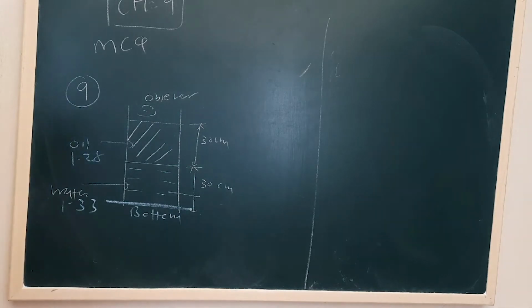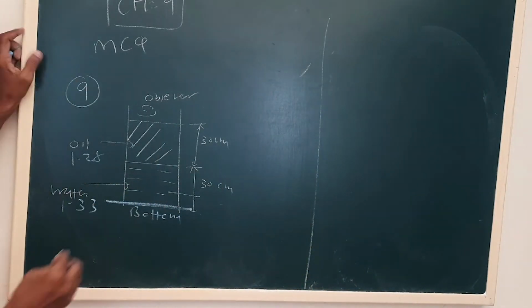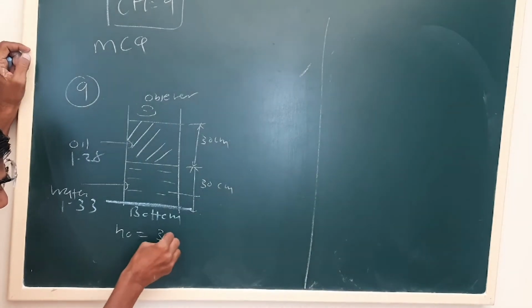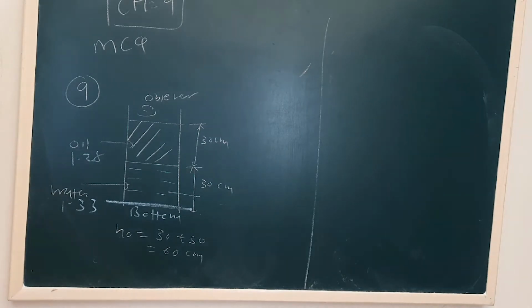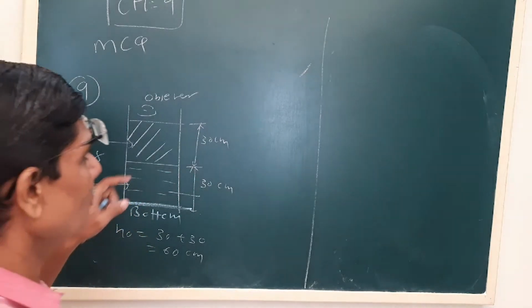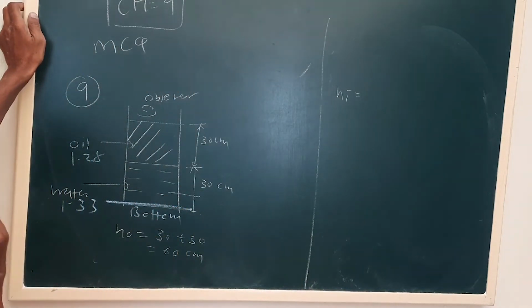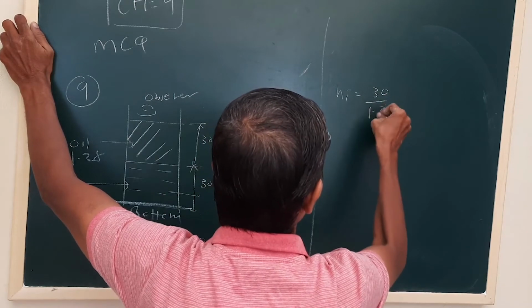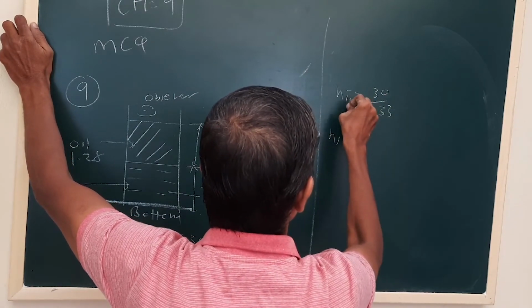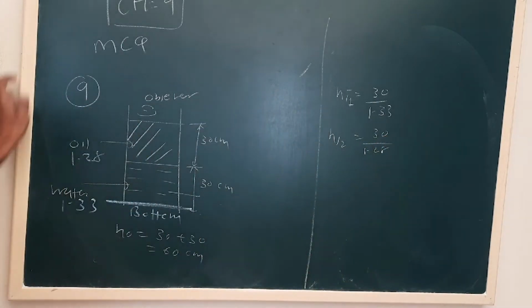Just now we have calculated one sum. Now see here, the total height HO will be 30 plus 30. But see, HI1 and HI2 will be different. Why? Because HI1 will be 30 upon 1.33. Okay, why? Oil refractive index is this.